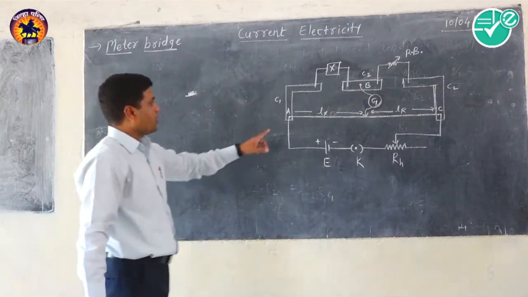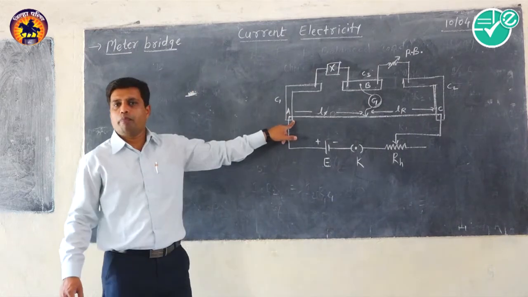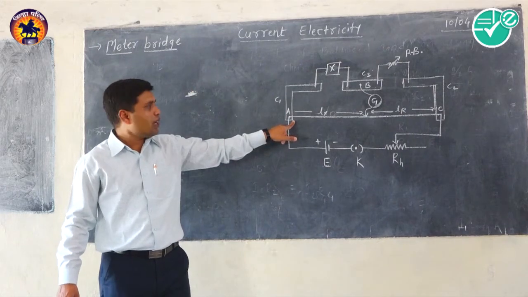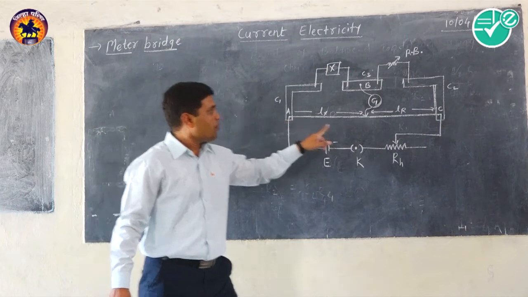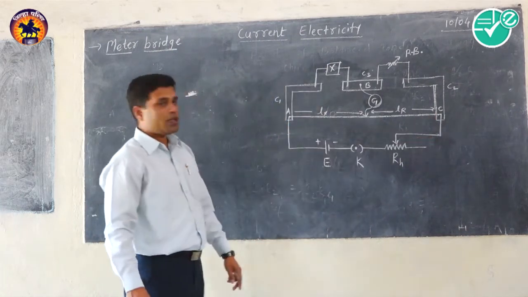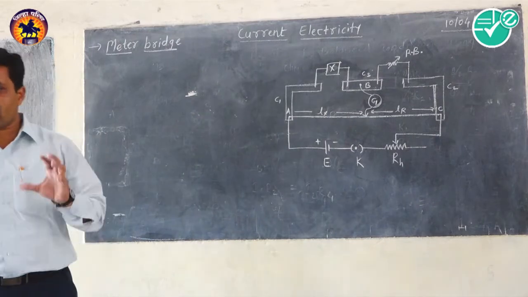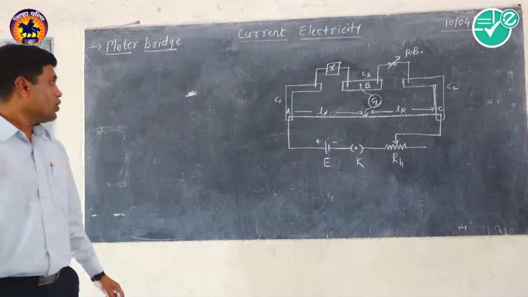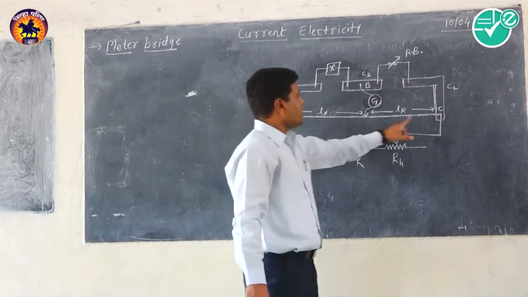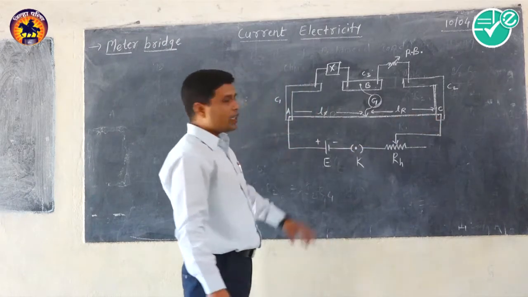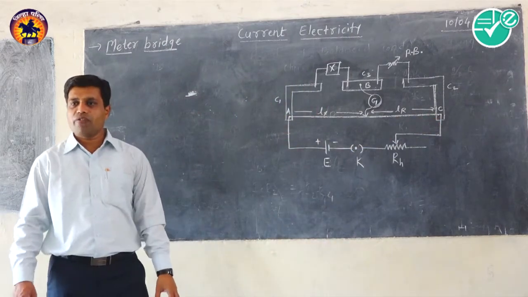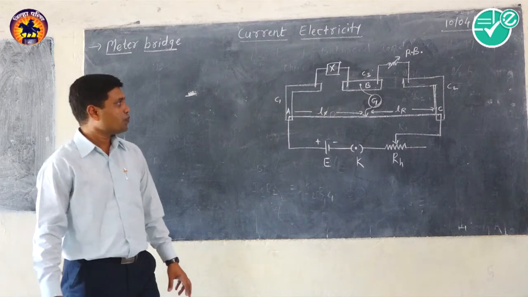Now a uniform metallic conducting wire is stretched between two L-type thick copper strips C1 and C2, having a length of exactly 1 meter.